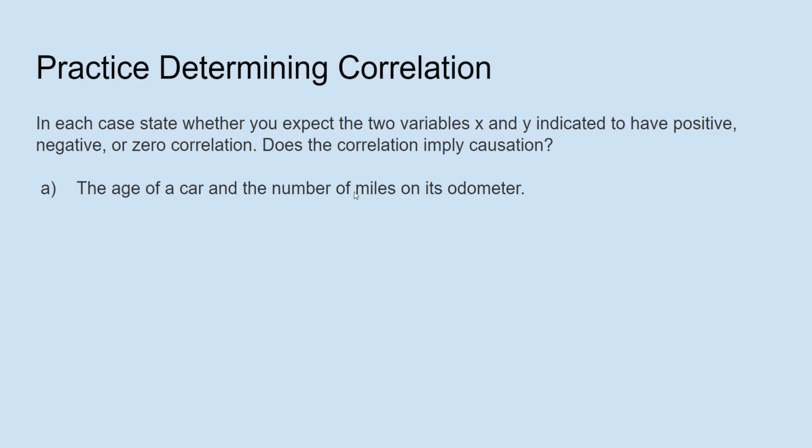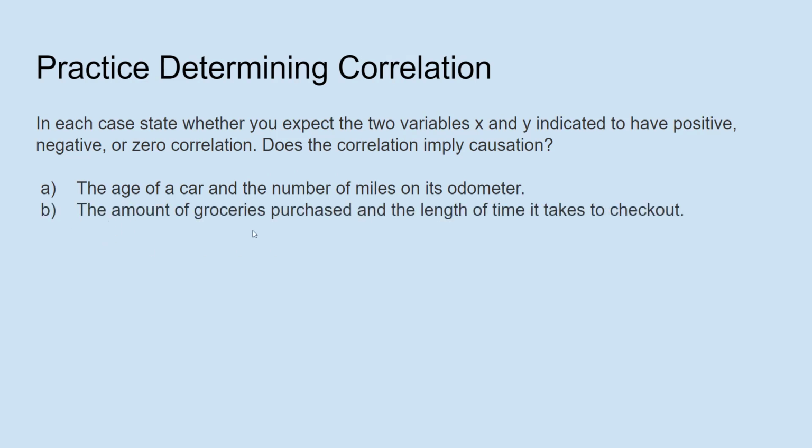These two variables seem to have a positive correlation in real life. Though there could be outliers, there might be an owner of a car that leaves that car in the garage for 30 years, and it's a very valuable Corvette, something like that. However, the tendency is that as our cars get older, we drive them more often, and so these increase together.